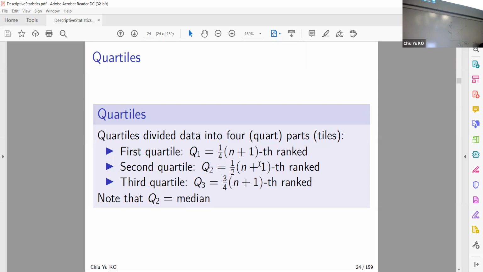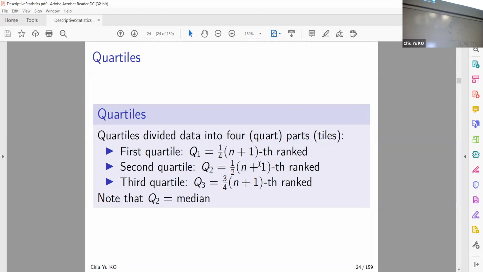So what if we divide the data into quarters, divided by 4? We will have this number, or this number, or this number: either 3.25, 3.5, or 3.75, because when you divide into 4 and convert to decimal places, it must be 0.25, 0.5, and 0.75.